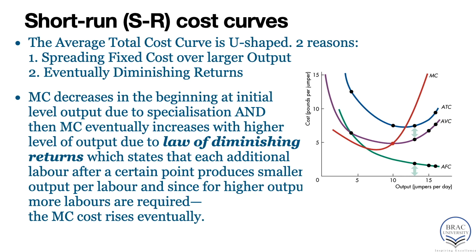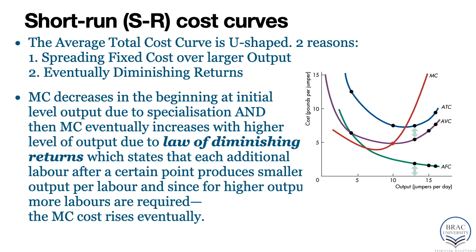So, as you can see on the graph, the average fixed cost curve is falling as output is increasing. And the second reason the ATC curve is U-shaped is because of diminishing returns. This means that as output increases, more and more labor is needed to produce an additional unit of output. So this increases the average variable costs and eventually average total cost also rises.